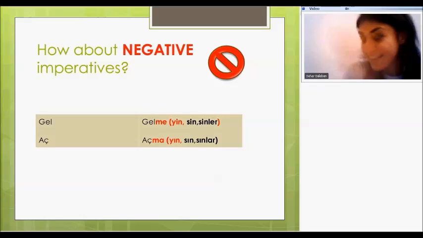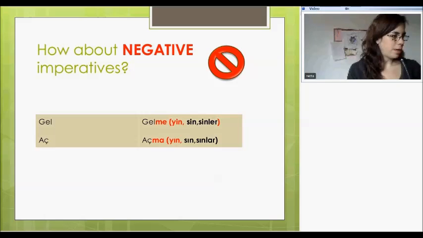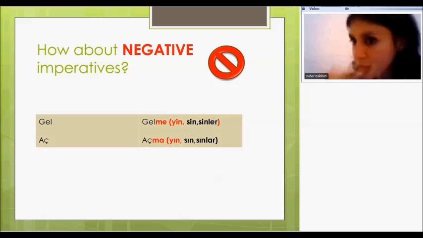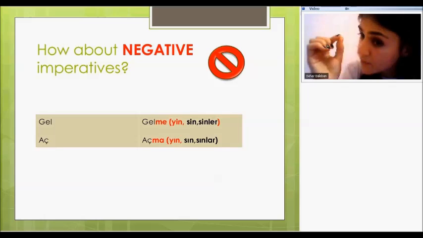E and I will always be "me," and A and U will always be "ma" at the end. If the main verb ends with an E, it's going to be "me."